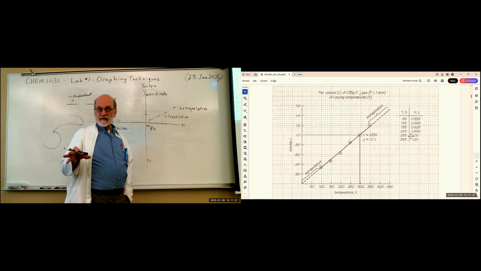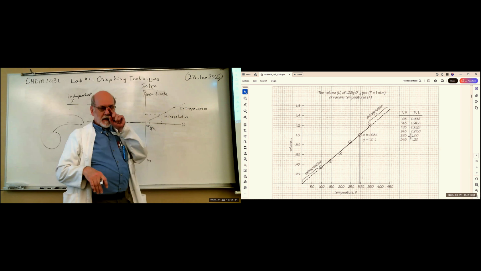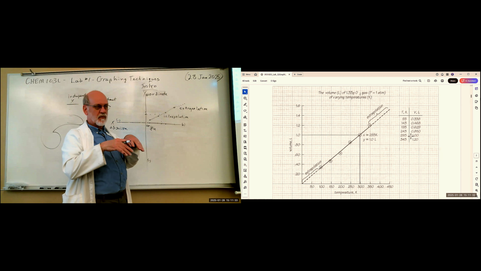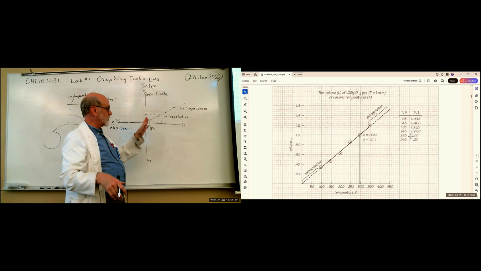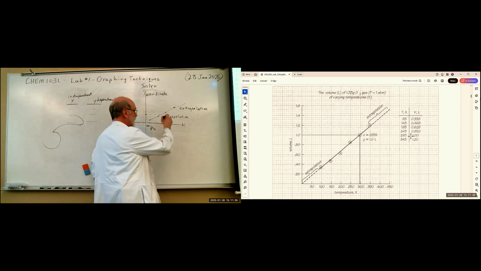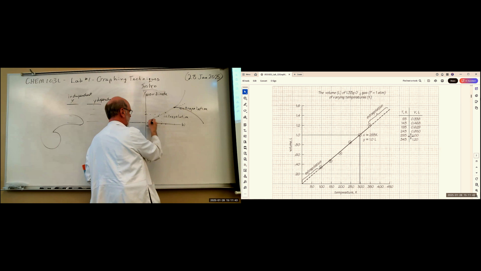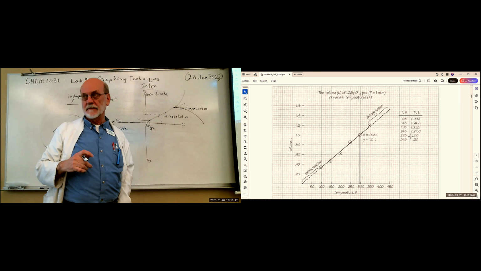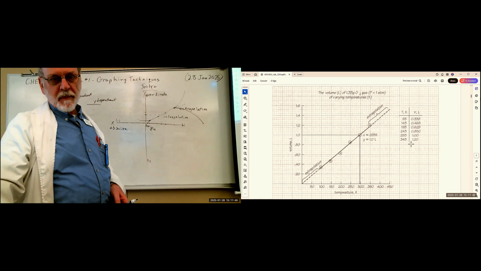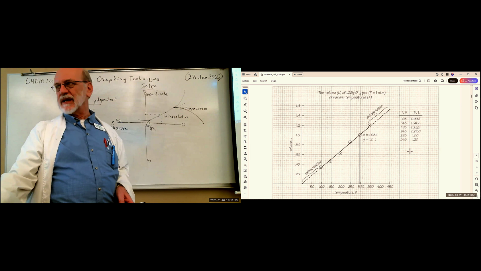Because we know from statistics that the margin of confidence gets wider and wider the further you get away from your data points. So it could go out like this, or it could go out like that, or somewhere in between. We just don't know. So if we have to extrapolate, we try not to go too far from that last data point.